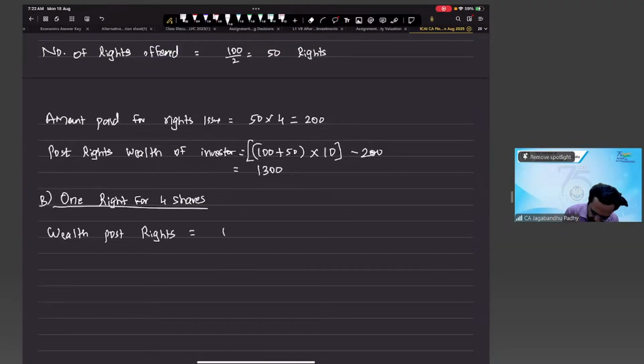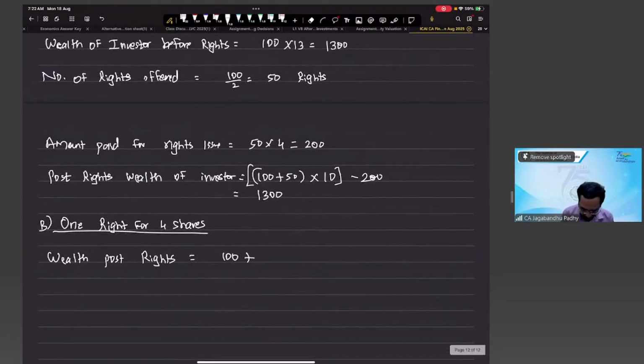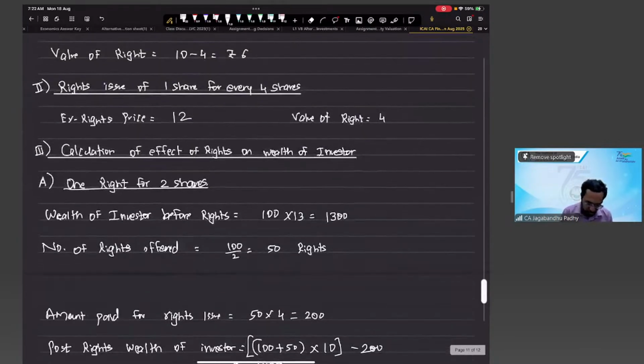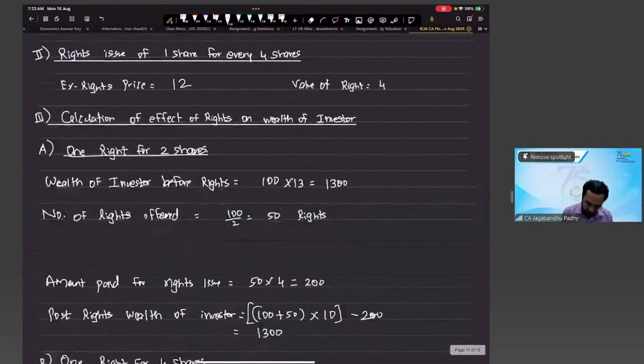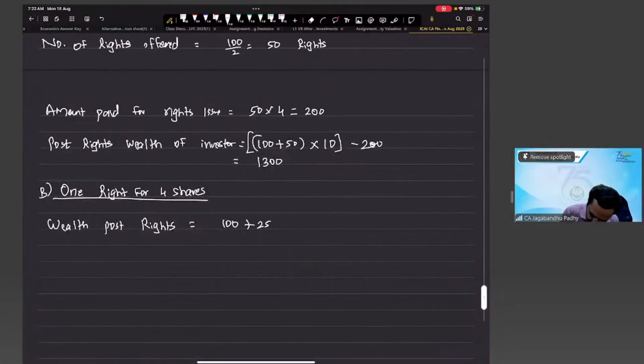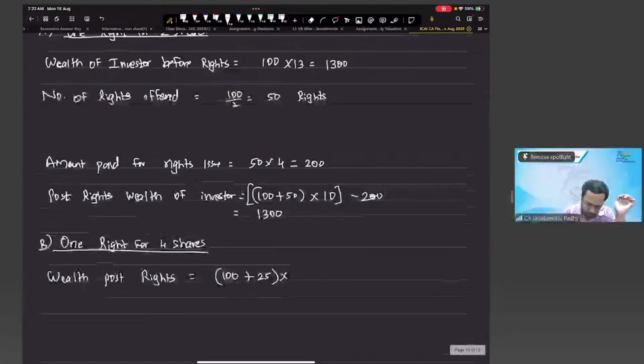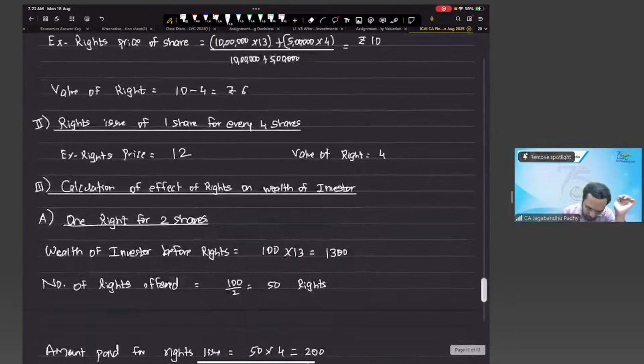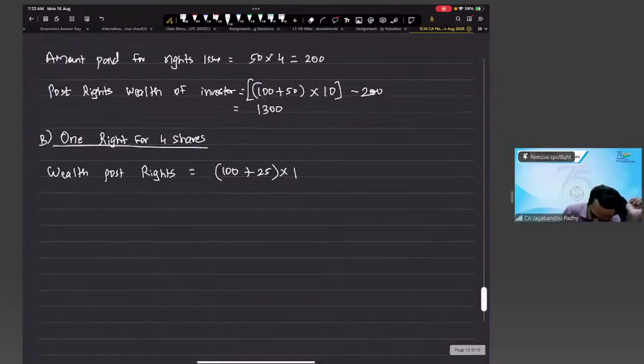So wealth post rights will be 100 shares plus how many shares do we have as rights issue? 25. So this multiplied by the theoretical X rights price, 12. Into 12.